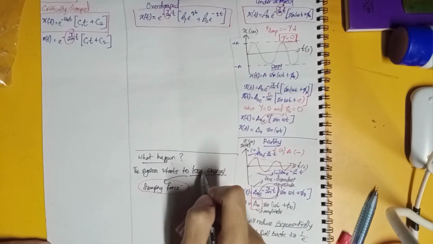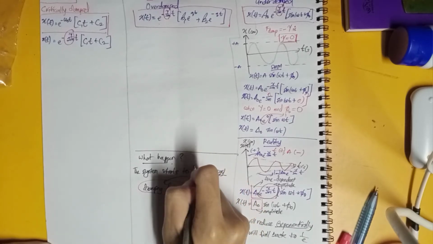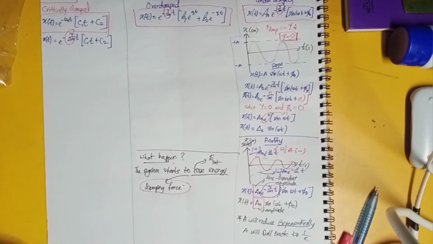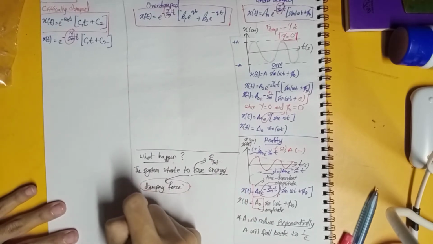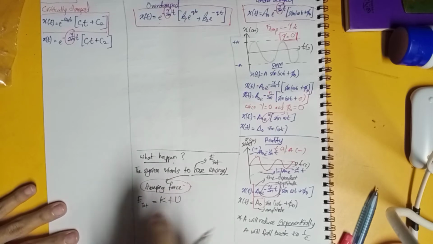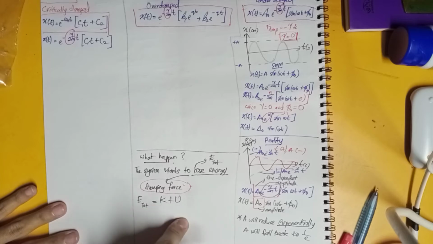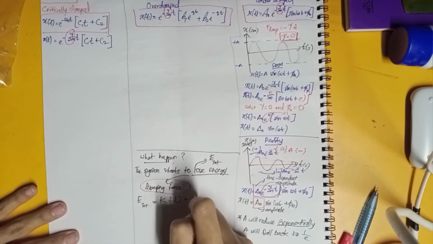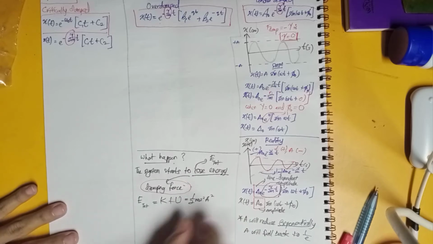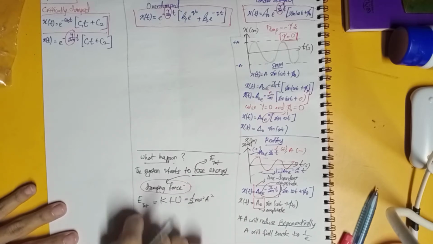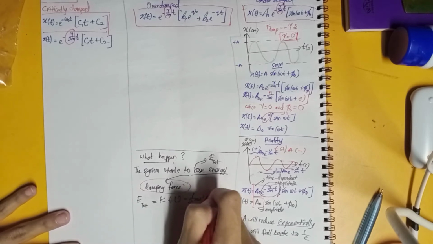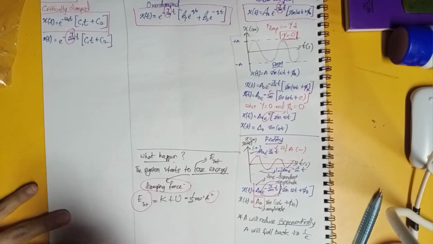Now, this lost energy is the total energy, E total. We know that E total is equal to K plus U, which is kinetic energy plus potential energy, and at the same time is equal to 1/2 m omega square A square. This is at the end of the derivation of the total energy formula. Notice that we have the A square in the total energy.